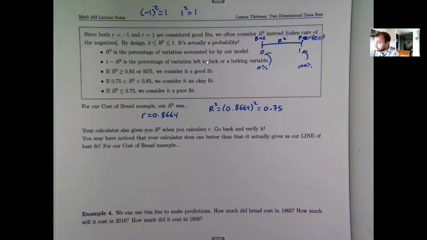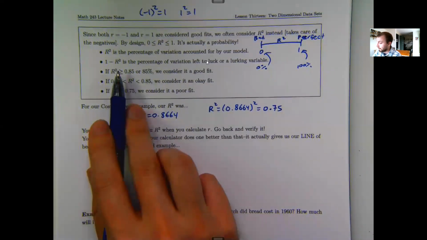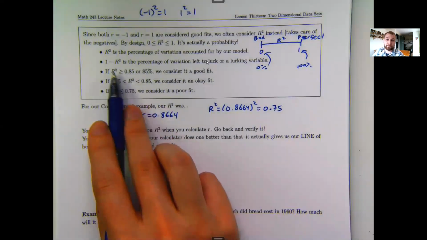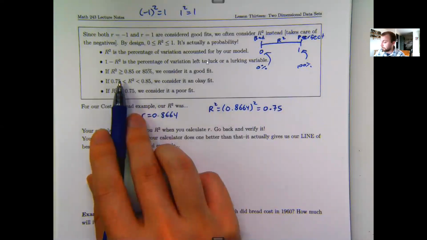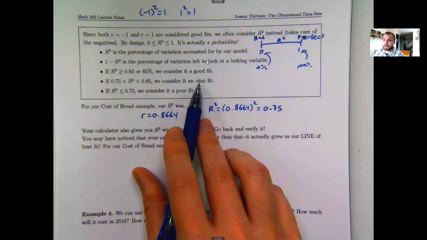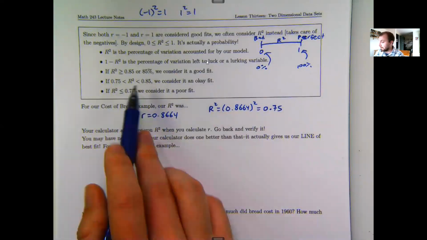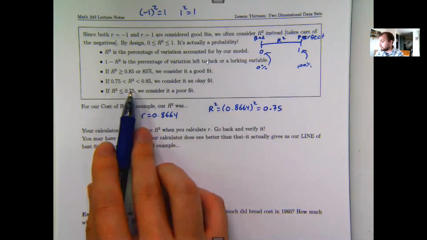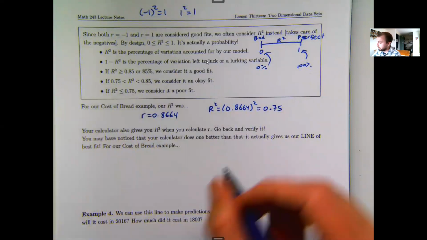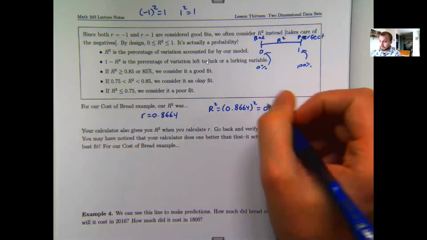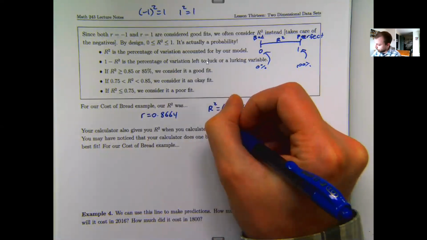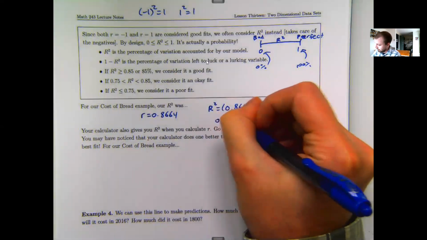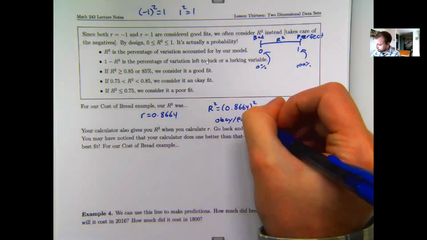This is my personal opinion, but if I got something that was an 85% or better, I would consider that to be pretty good. I think something between 75 and 85% is okay. I think anything 75% or less is poor. So for R squared for this cost of bread example, I would describe this as being borderline okay, poor fit.